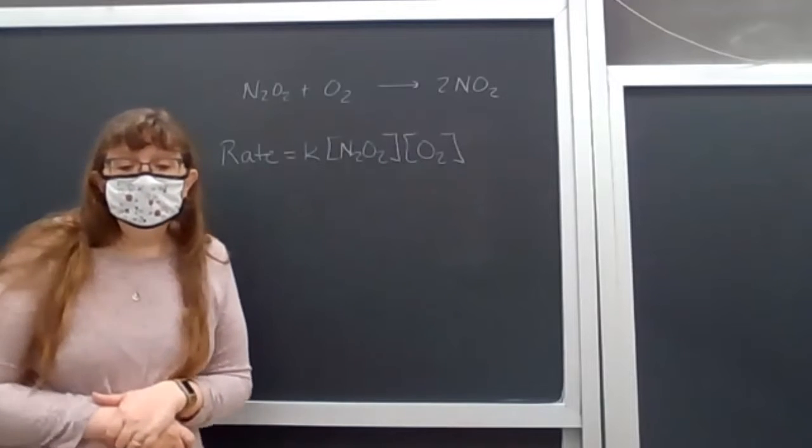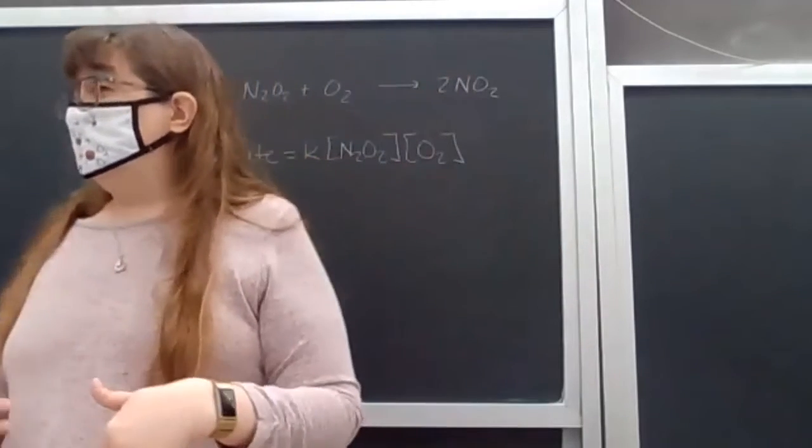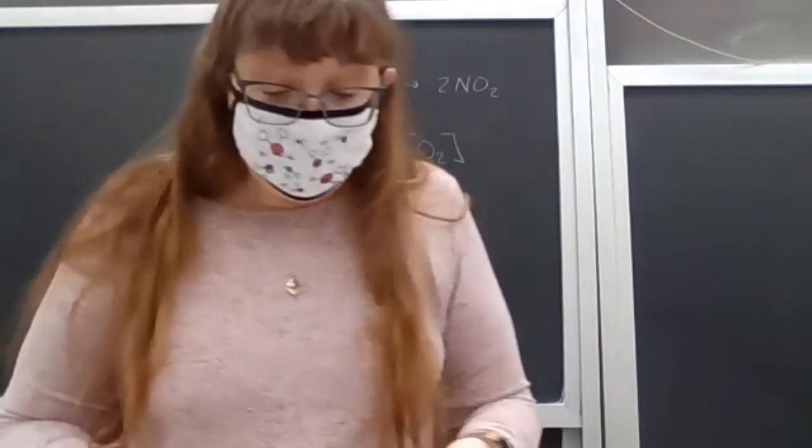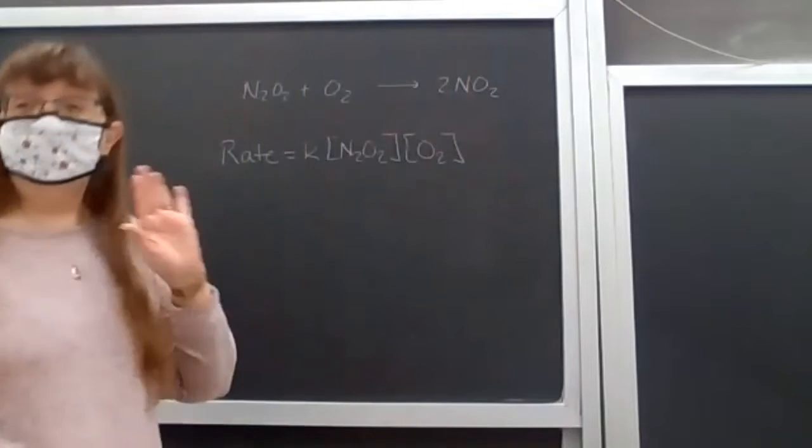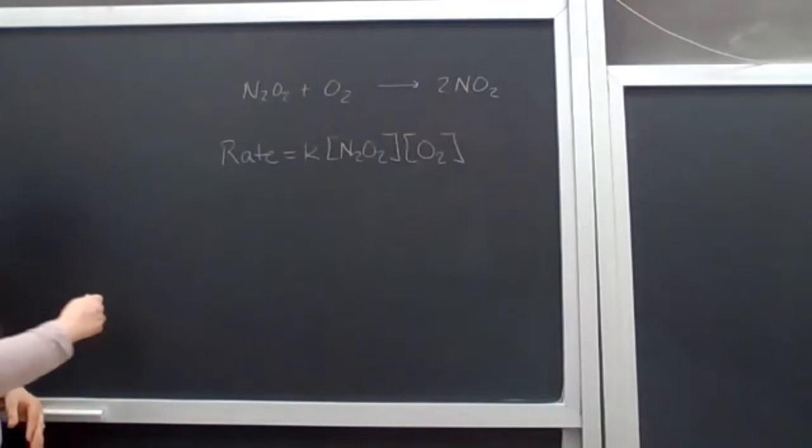All right, now if we look at step 1, it's asking us about the reverse of step 1, okay? The reverse of step 1, I'm going to actually switch the reaction around to reverse it.